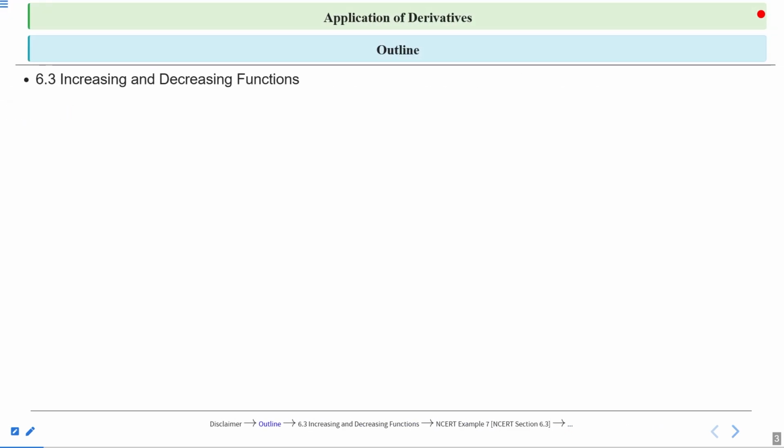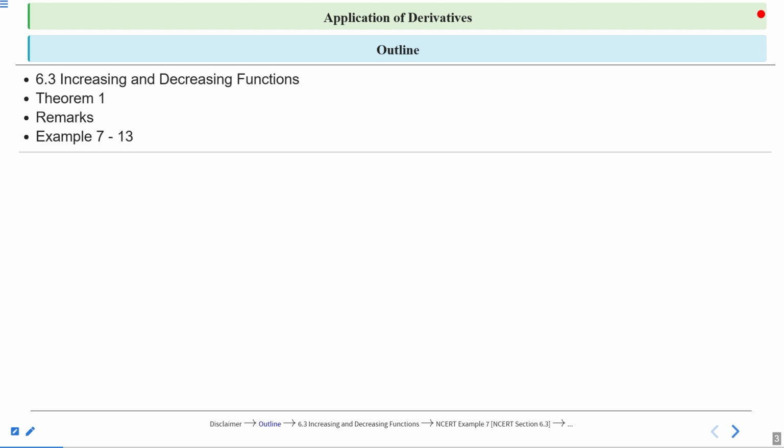So, in this lecture, we'll study NCERT section 6.3, increasing and decreasing functions, theorem 1, remarks, and examples 7 to 13 of application of derivatives.